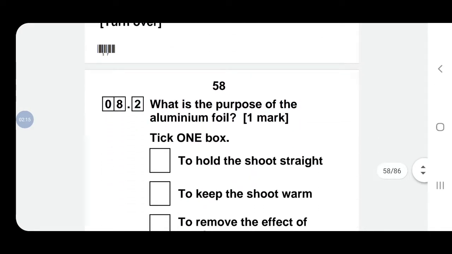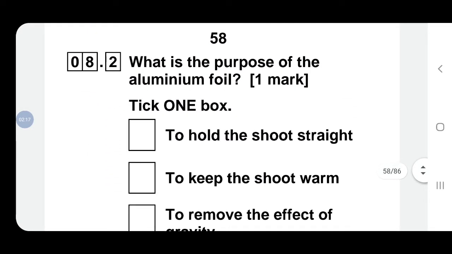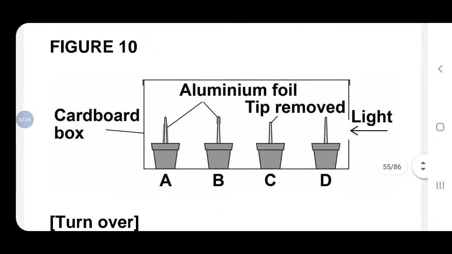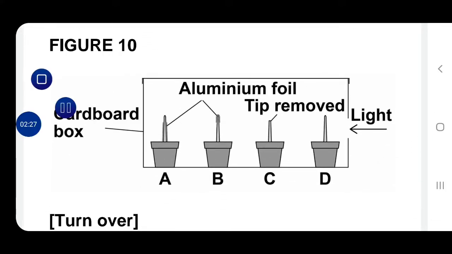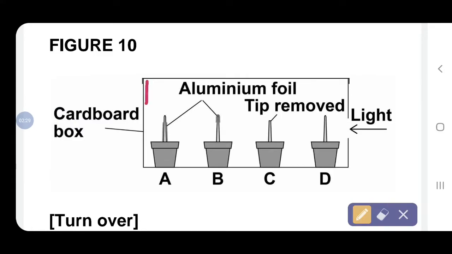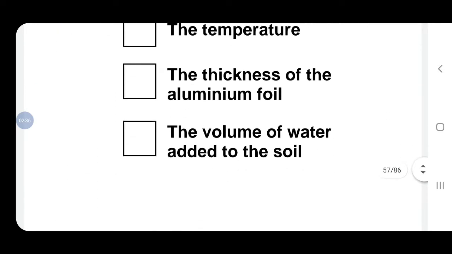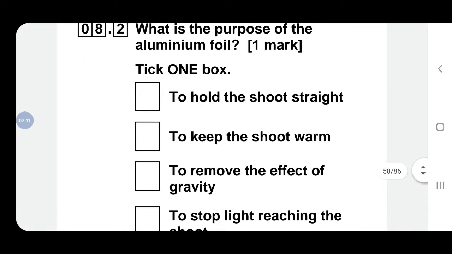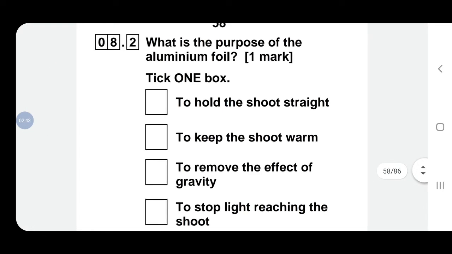All right, next one: what is the purpose of the aluminium foil? You see that here we use aluminium foil. So why do we use this? Here is the question, what is the reason for the aluminium foil?